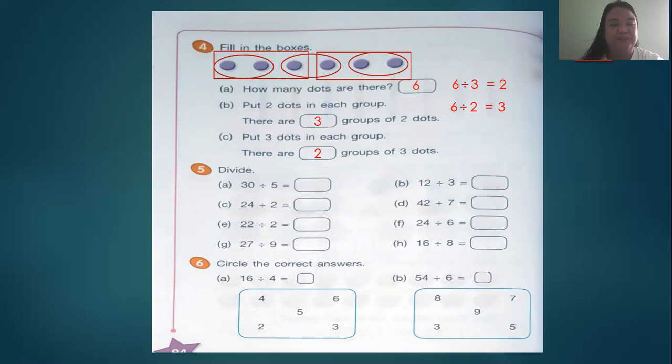Alright, so 6 divided by 2 groups equals 3. So, as you can see, you can change the place of the divisor and the quotient, but the dividend is still the same. So, you can't change its place. You can search for the number of groups, or you can search for the number of sets.